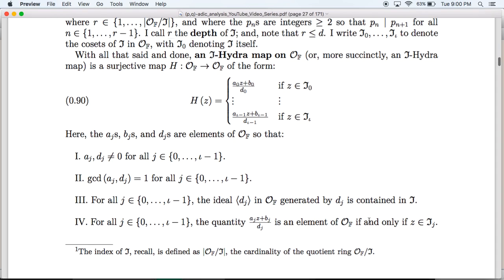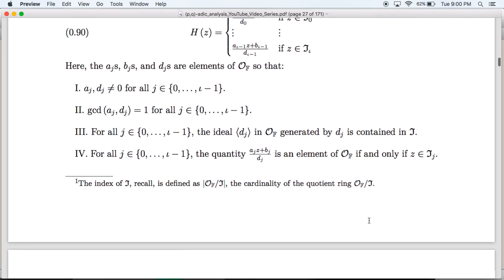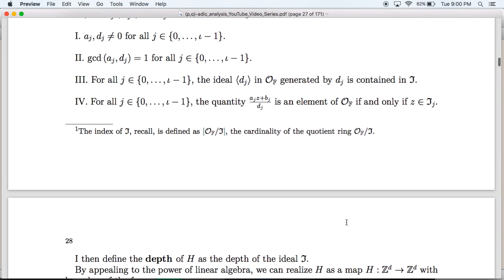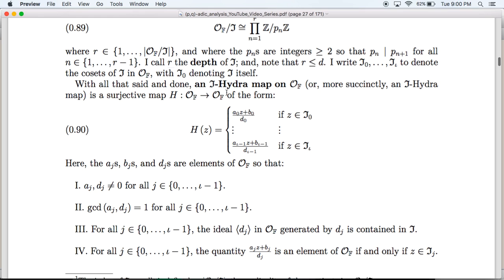These are the direct multidimensional, number ring analogs of the properties for one-dimensional Hydra maps. I then define the depth of H as the depth of this ideal I.